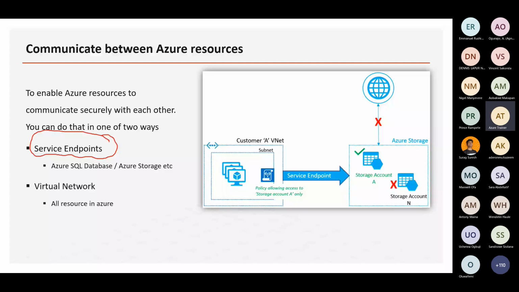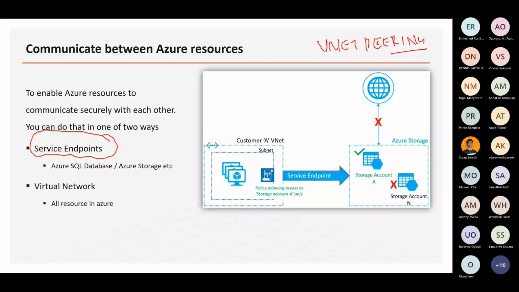If the resource is hosted in a different region, we use a concept called VNet peering. For example, if you have one resource hosted in an East US data center, and another resource hosted in a West US data center, and you want these data centers to communicate with each other, you may have to enable a feature called VNet peering. We'll be discussing that point. Nothing to worry about that.